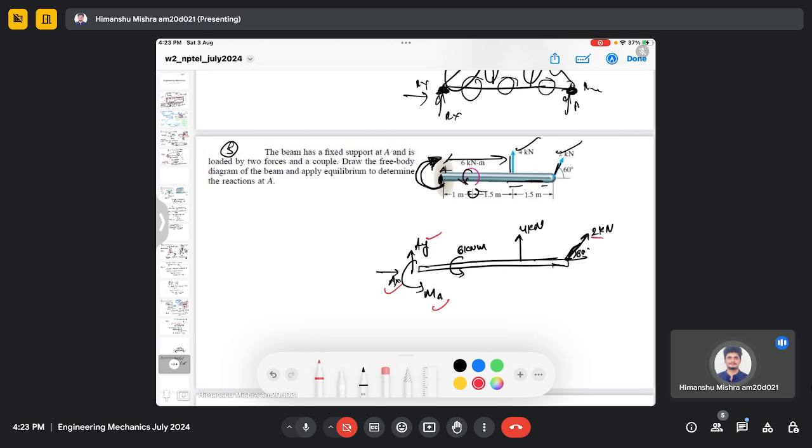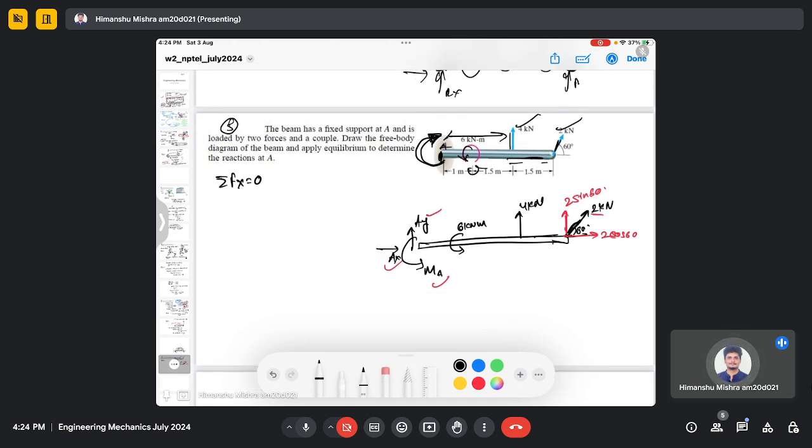So this 2 kilonewton force has a component 2 cos 60 and 2 sin 60. Okay, so let's use the equilibrium conditions. So the first condition is Fx, summation of force in the x direction is 0.